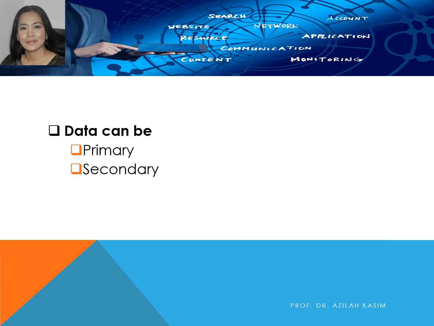Whereas secondary data are data that has been collected for us by past researchers, such as published reports on past studies on anything that we are looking at. These are data that has been collected by other people. It can still be useful for us.